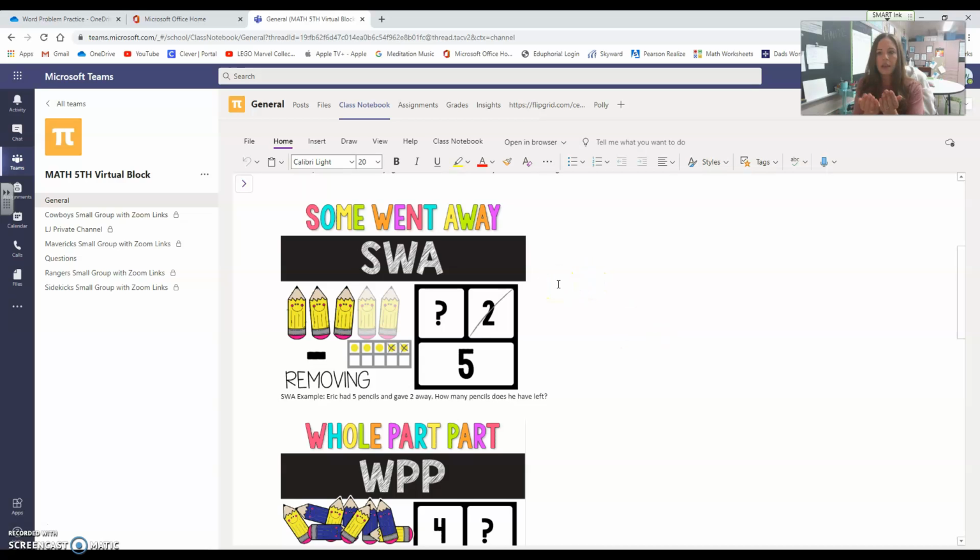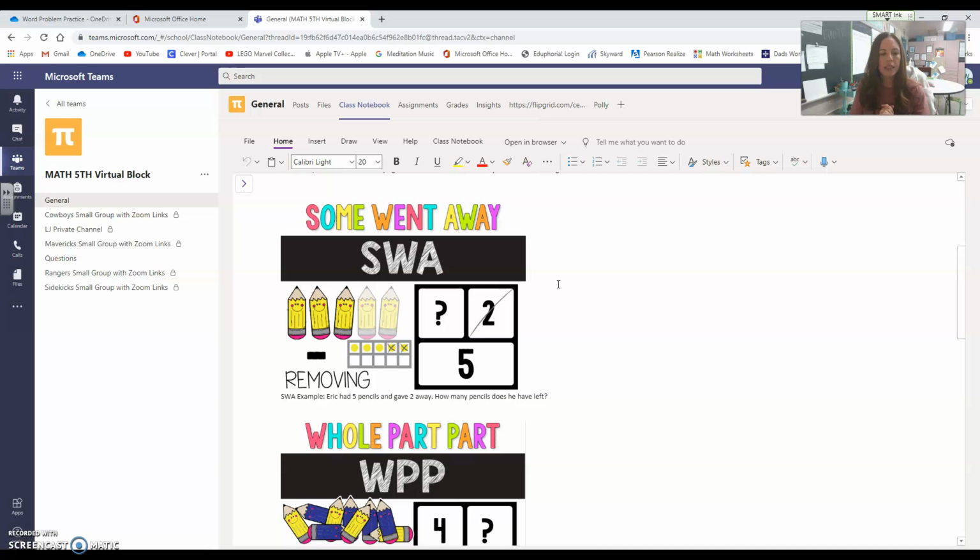Some went away. You have a total, then some got taken away, and what we're looking for is what was left. Another way this question could be asked is they have given you a total, and some went away. They told you how many is left, and they're asking you how many went away.